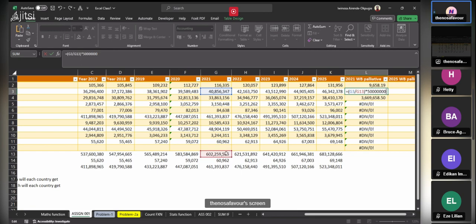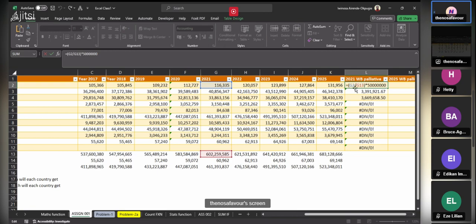For us to do that, come to the first one, where you have the formula, and click on G13.